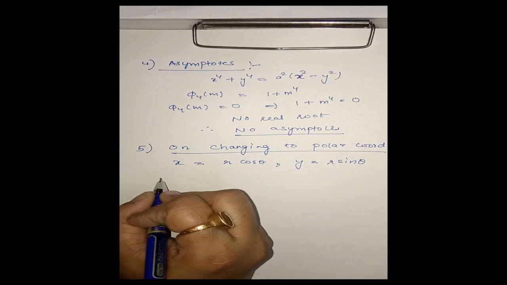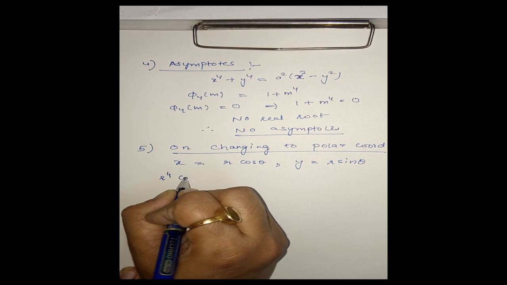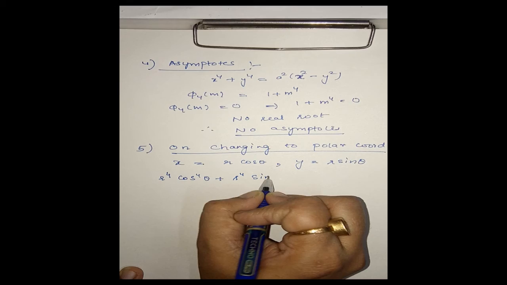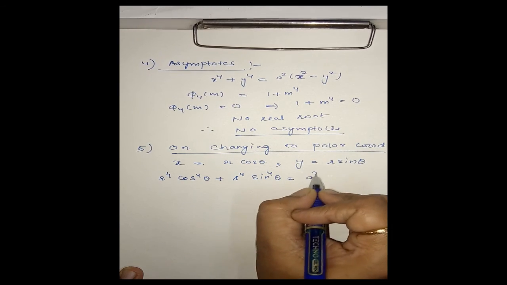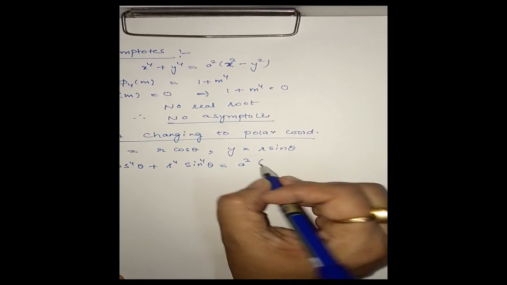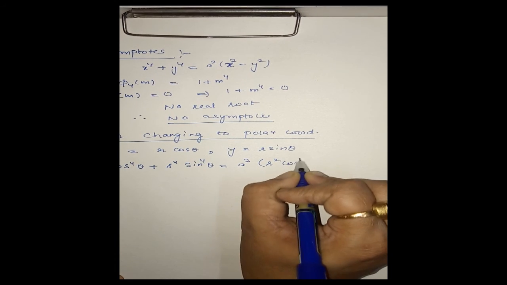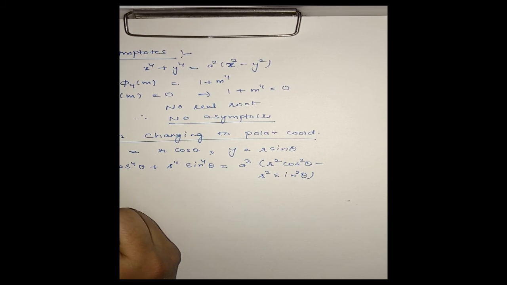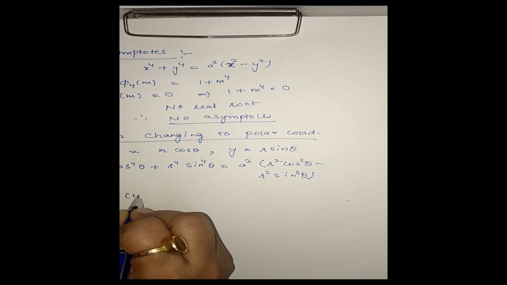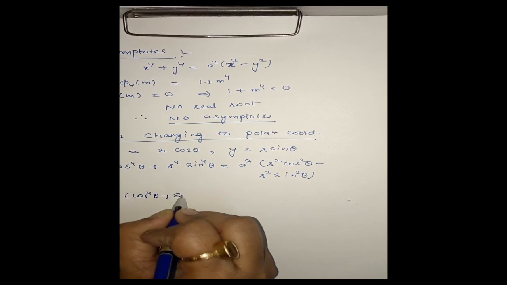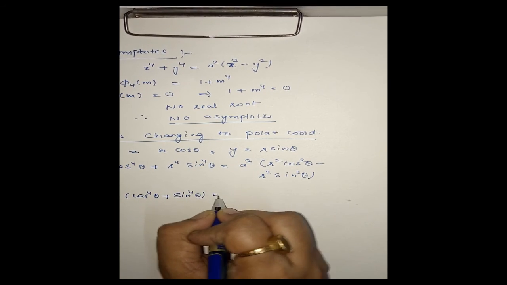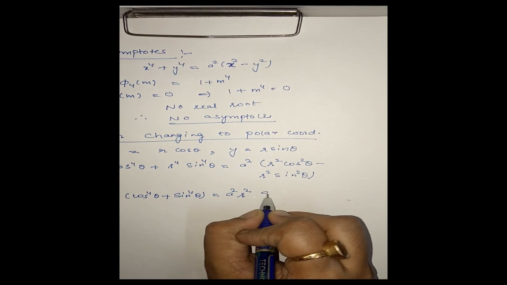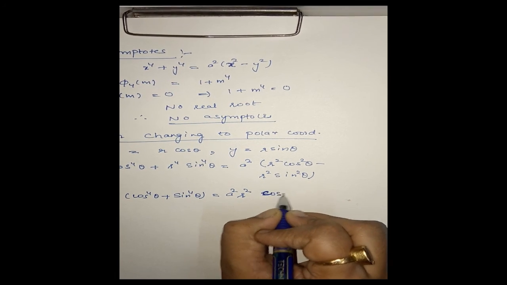This will be r power 4 cos 4 theta plus r power 4 sin 4 theta is equal to a square into r square cos square theta minus r square sin square theta. That is, r power 4 into cos 4 theta plus sin 4 theta is equal to a square r square into cos square theta minus sin square theta, that is cos 2 theta.